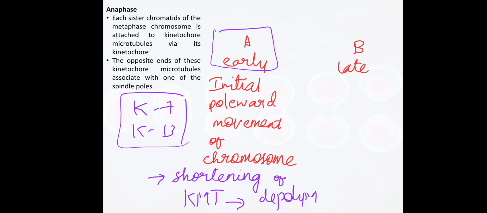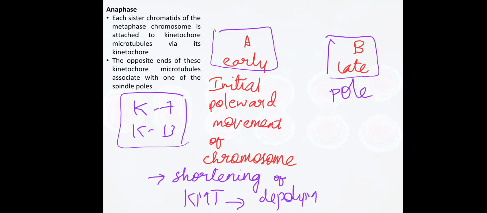moves towards the pole. So what about anaphase B, that is late anaphase? What happens in anaphase B? Anaphase B depends on motor proteins at the poles. Here our interest will be at the pole.